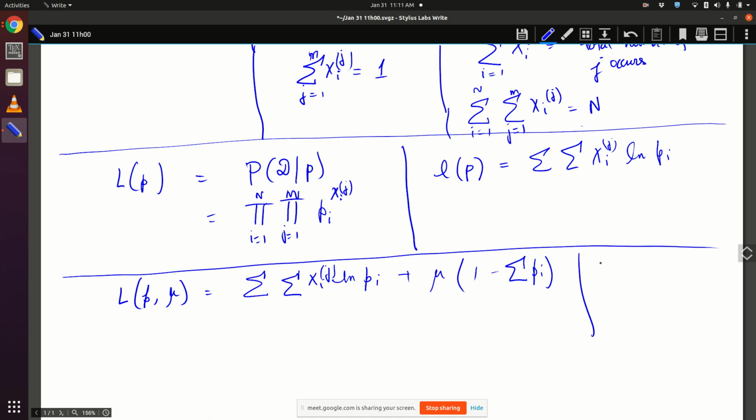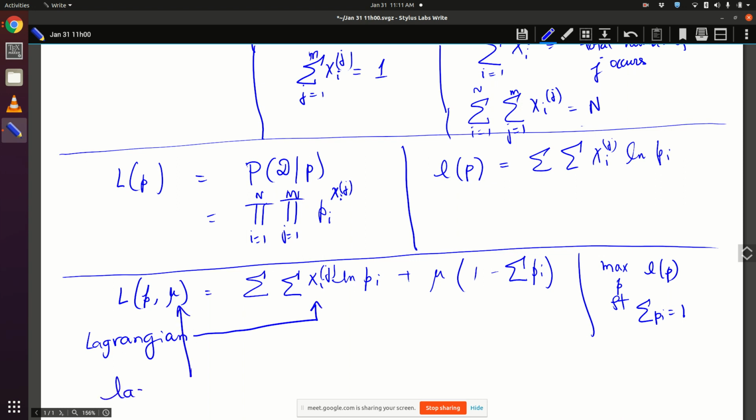Because we wanted to maximize the likelihood l of p, but such that summation pi is equal to 1. So we had this constraint. Because there was a constraint, we cannot use regular optimization by taking the derivatives. So we have to do what is called the Lagrangian. This is called the Lagrangian, and this particular mu is called the Lagrange multiplier.